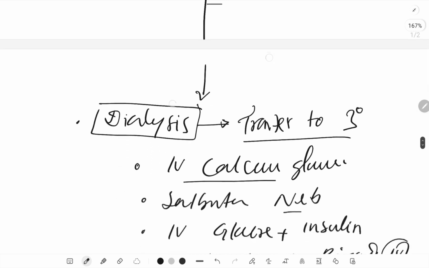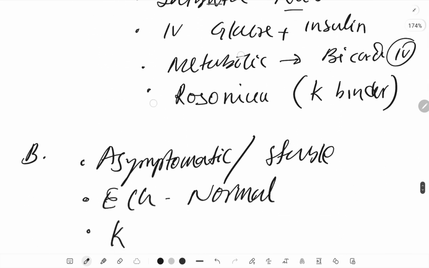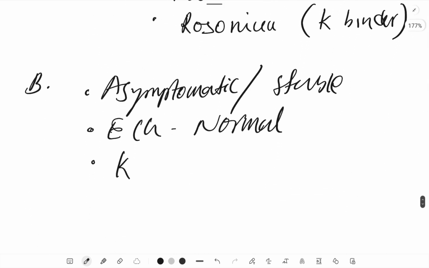So, and in category B, the potassium level is less than 7.0 millimole per liter. Mind it, the patient is clinically asymptomatic, stable, ECG clearly normal, and potassium level less than 7.